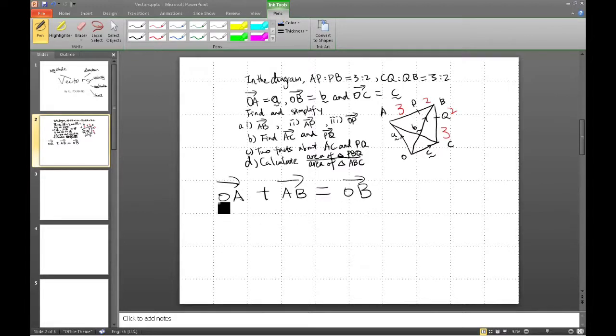As you can see, the first term is OA, and pay attention to the second letter of the first term. The second term is AB, and pay attention to the first letter of AB. The second letter of the first term and the first letter of the second term are both A's. Therefore, we have our answer as OB.